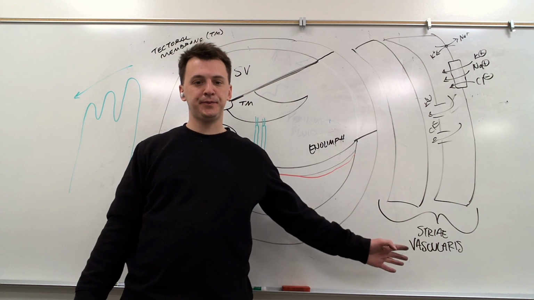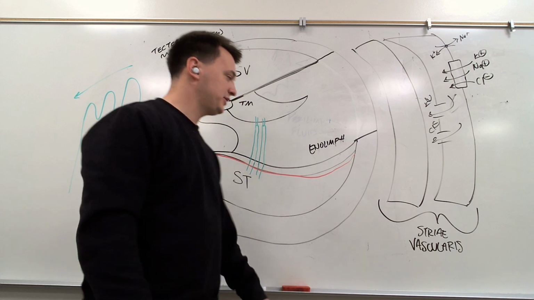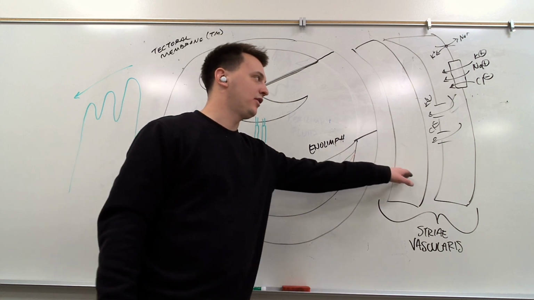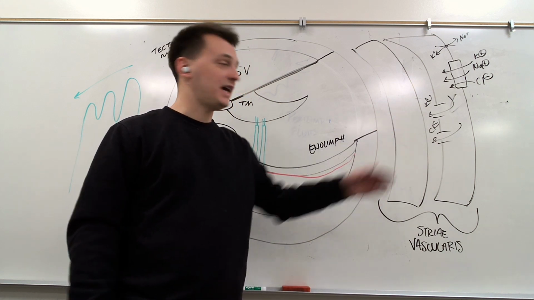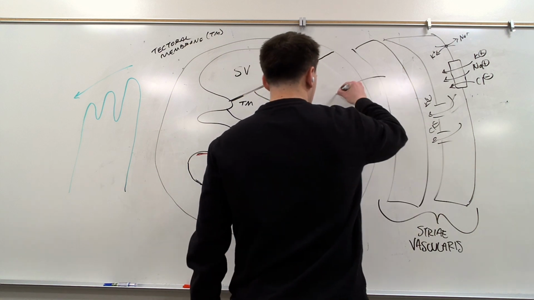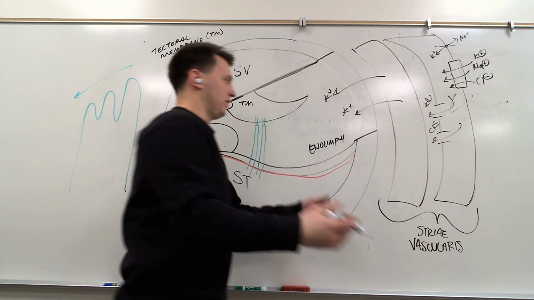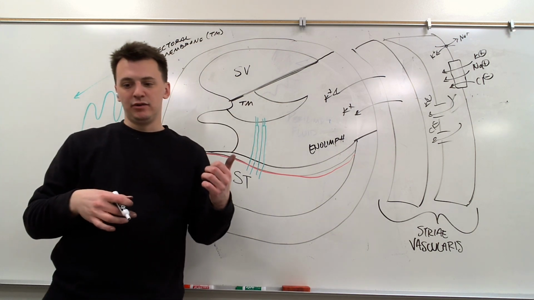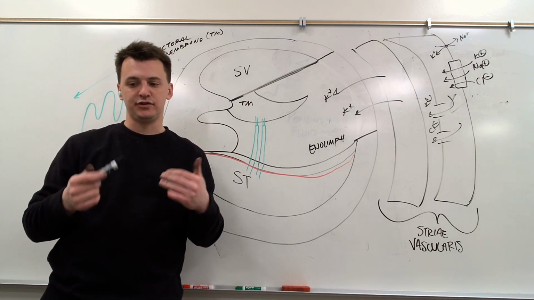And so with the striae vascularis, the same thing happens here. Another concentration gradient's made, and potassium is actually able to end up in the endolymph. So eventually potassium ends up in the endolymph, and it creates this positive charge.